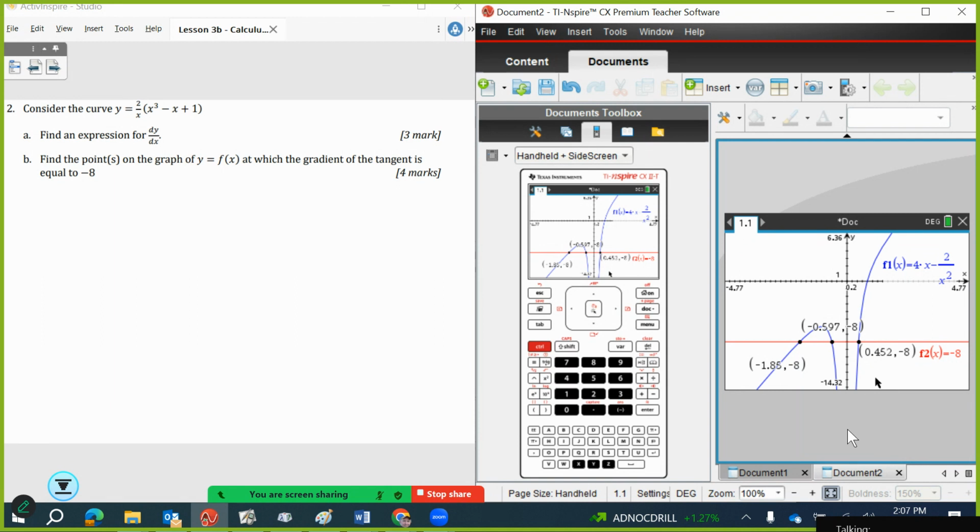Usually if we're using this method, we'll do a little sketch of the graph as we see it. And then our solutions are x1 is minus 1.85, x2 is minus 0.597, and x3 is equal to 0.452.